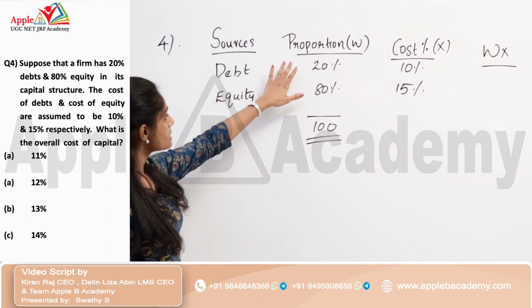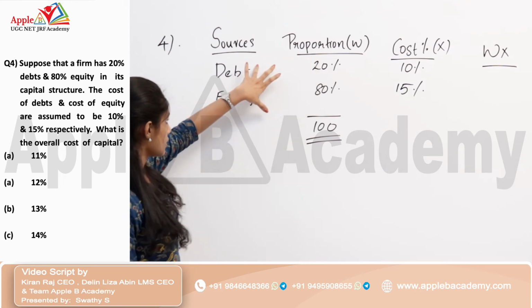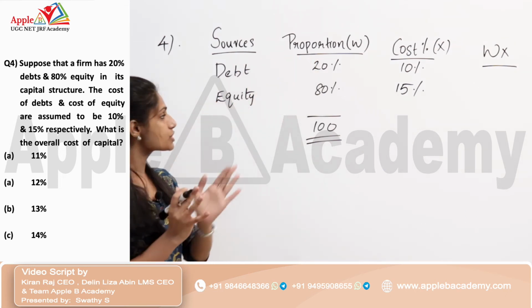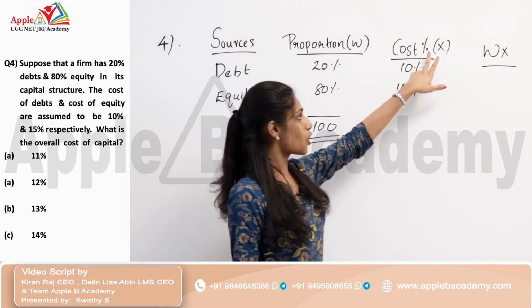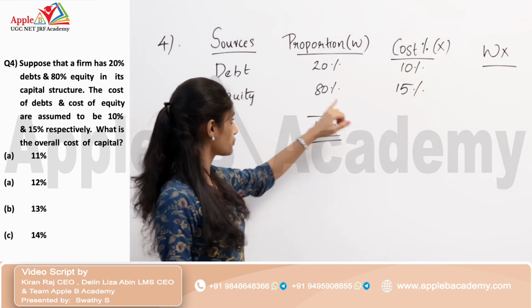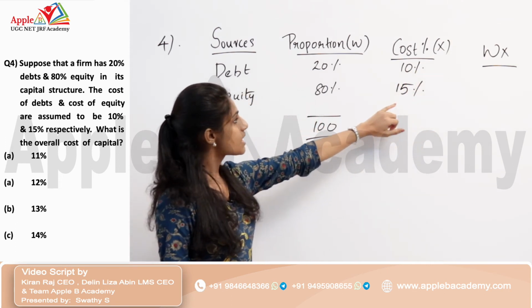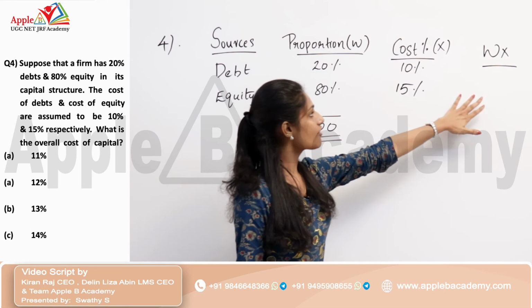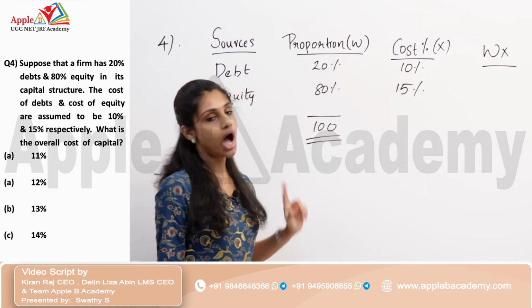The proportion contributed by debt and equity is termed the weight, W, and X means the cost of debt and cost of equity. Now you have to compute WX, that means you multiply these two items.